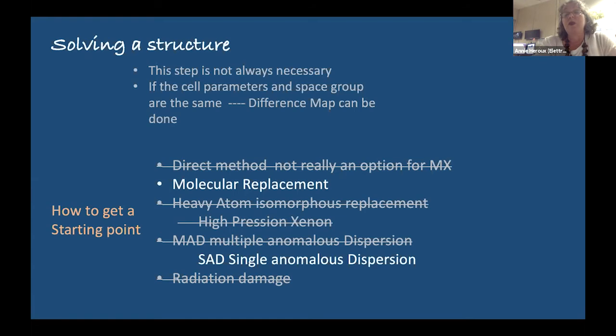So I'm going to focus a little bit on molecular replacement and SAD data collection. One is not better than the other, and one is not necessarily more simple than the other. Actually, the SAD one is, in my opinion, a lot simpler than molecular replacement, but it requires that you have selenomethionine in your protein.